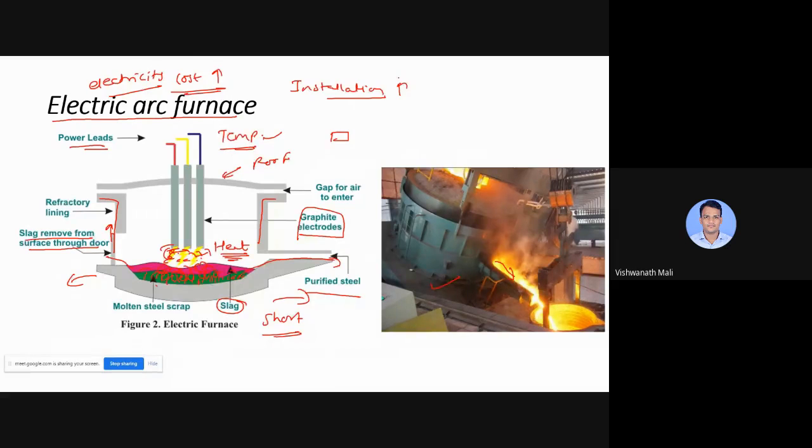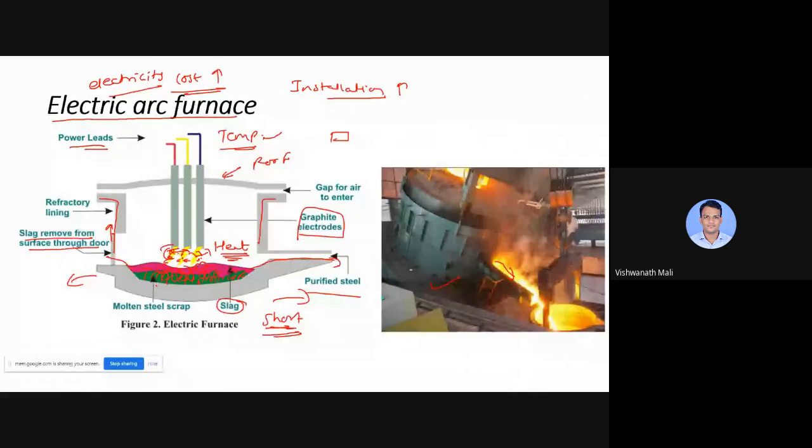So these are the disadvantages of this electric arc furnace, electricity and installation. The advantage is that we can control the temperature properly here, and the time required for getting the molten metal is also short, as it generates more heat with the help of this arc.